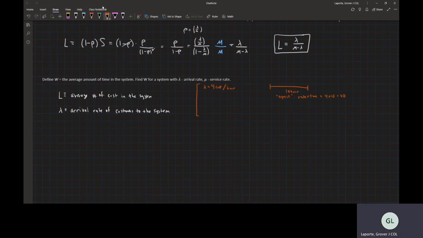So if time equals 10 hours, then we expect, and I put that in quotation marks, we expect about 40 customers, and I'm using about because we know it's a stochastic process.